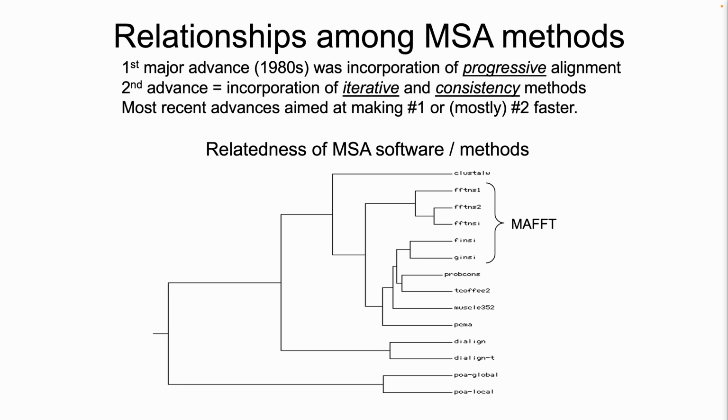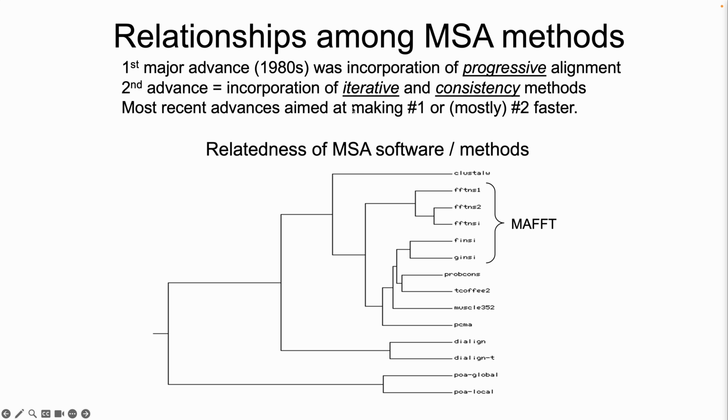Clustal paved the way for progressive alignment, which I'll show in a second. And then the second one that MAFFT and MUSCLE in particular iterated on is the iterative and consistency methods. Again, I'll explain what those mean in a second.